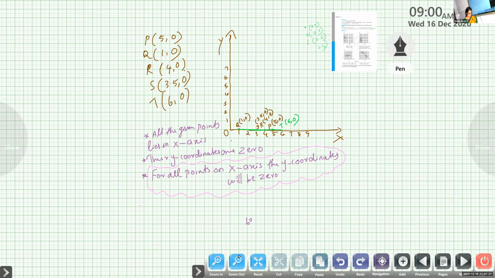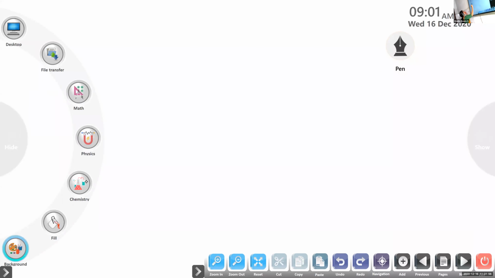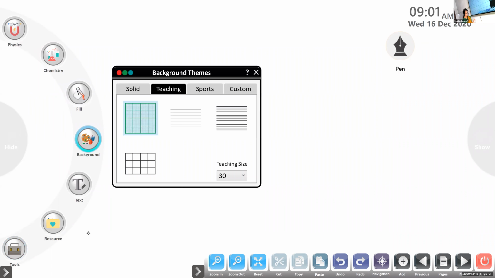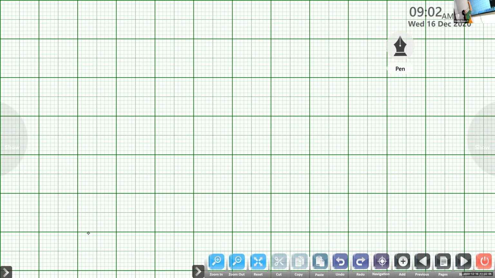Draw the graph of number of apples, cost in rupees.